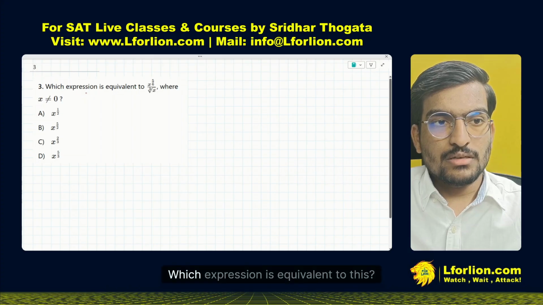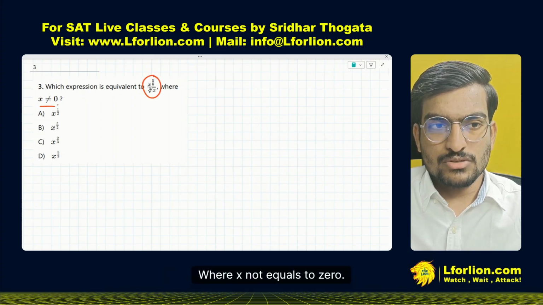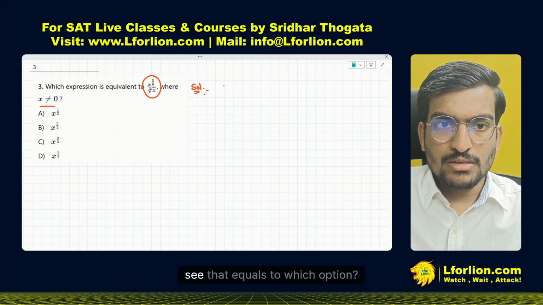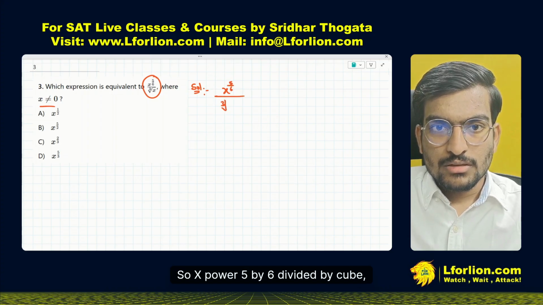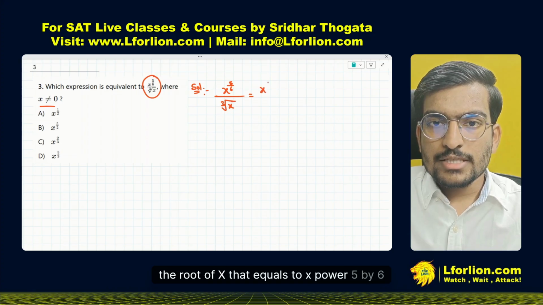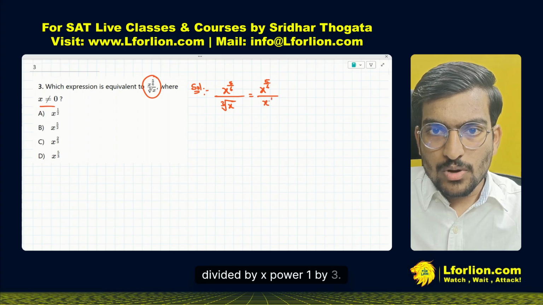Question 3, which expression is equivalent to this where x not equals to 0? So we just have to solve the given expression and see which option it equals. So x power 5 by 6 divided by cube root of x equals x power 5 by 6 divided by x power 1 by 3.